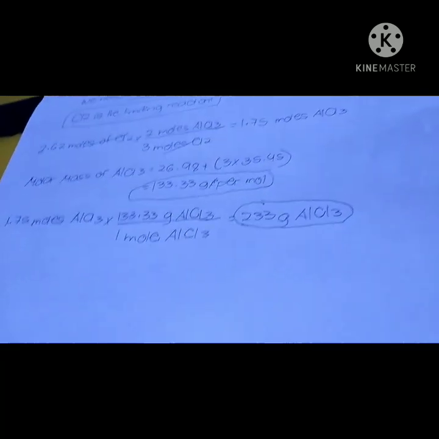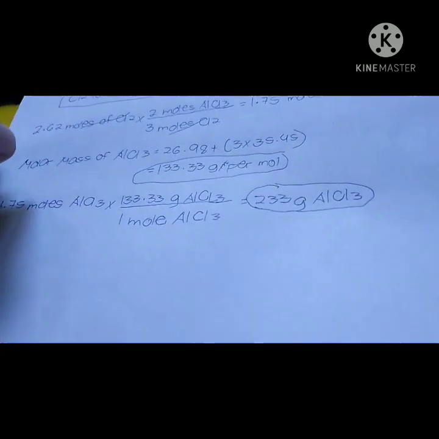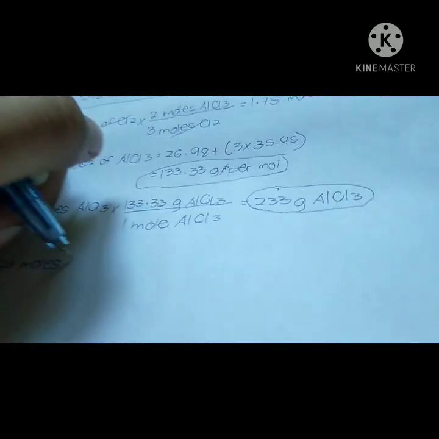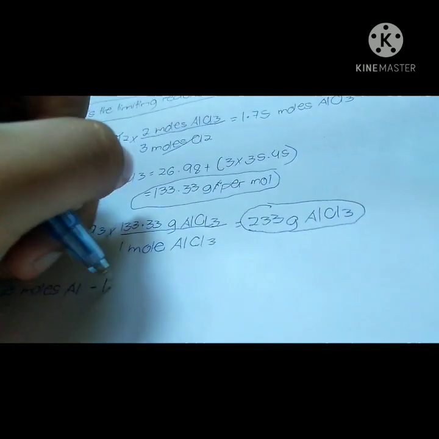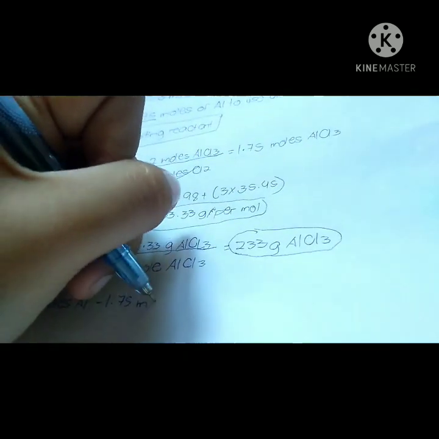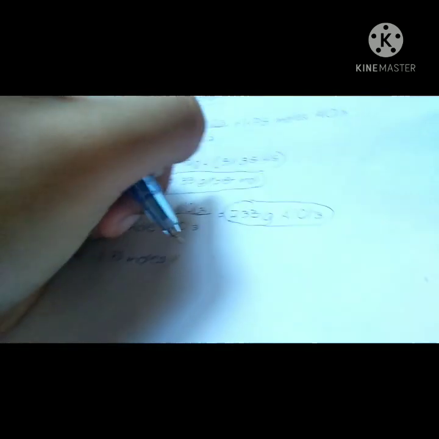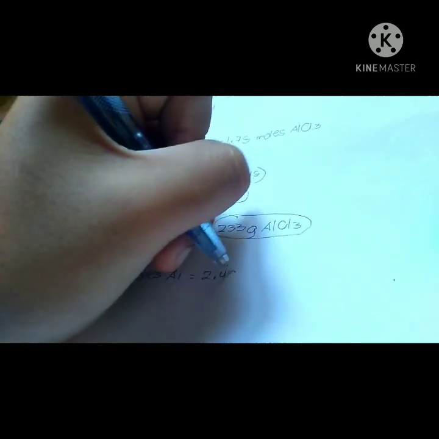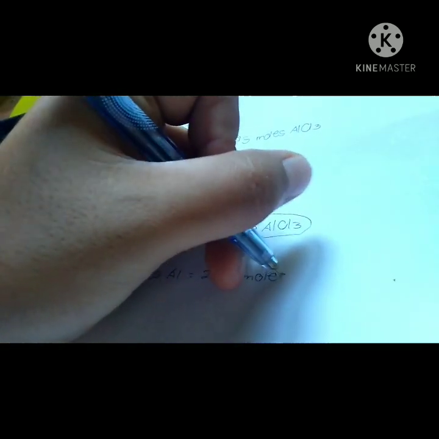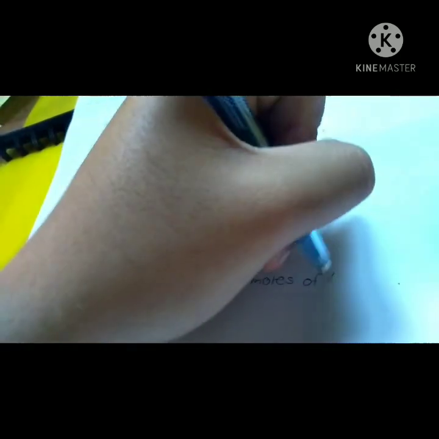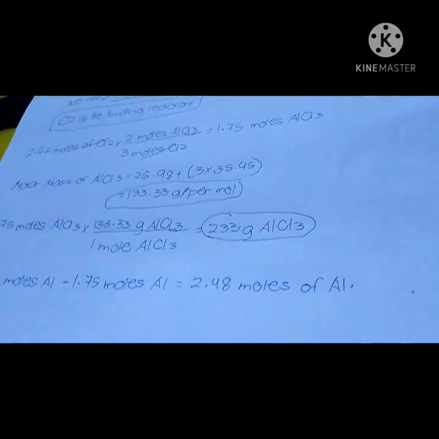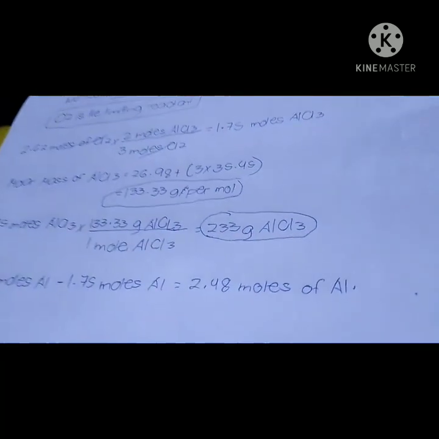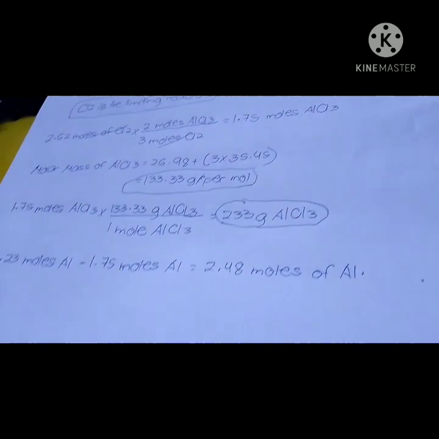So we start with 4.23 moles of aluminum minus 1.75 moles of aluminum equals 2.48 moles of aluminum. Now this is still in moles, so finally we've got to convert it to grams by pulling out the molar mass of aluminum.